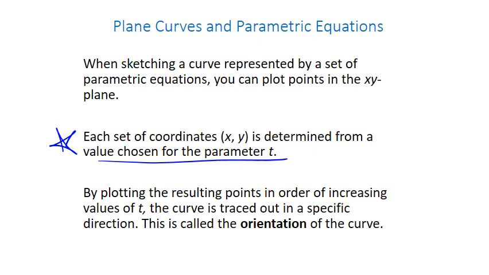And in order to determine that, you'll start with the smallest value of t and then plot the points as t increases, and that will tell us the direction in which the curve is going. Let's look at a quick example.